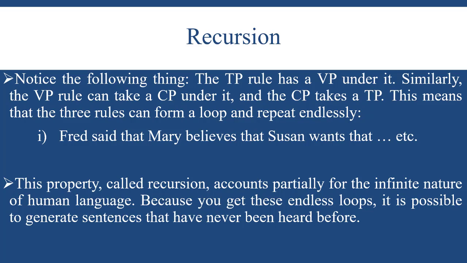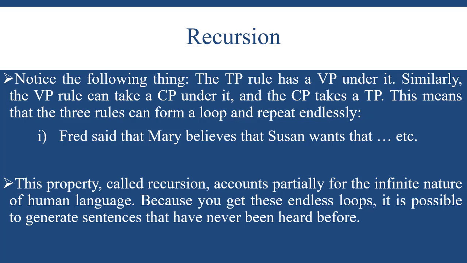So in each of these rules, each of these phrases, we have another phrase, or another sentence. This means the three rules can form a loop and repeat endlessly. Fred said that, Mary believes that, Susan wants that, and then you keep going. This is recursion. This property, recursion, accounts partially for the infinite nature of human languages.